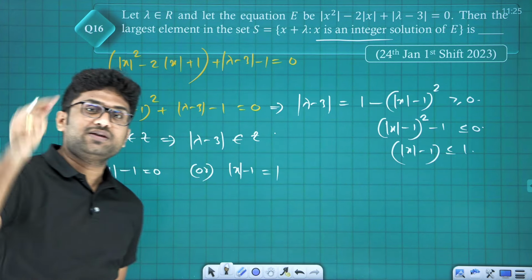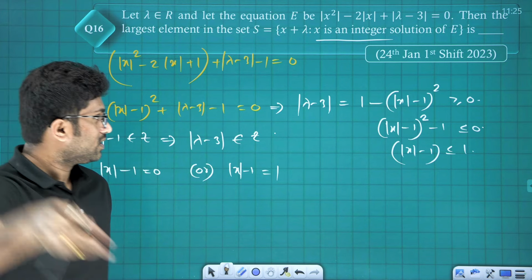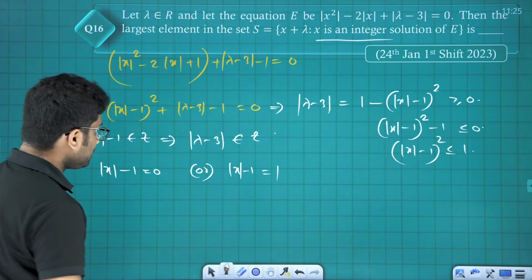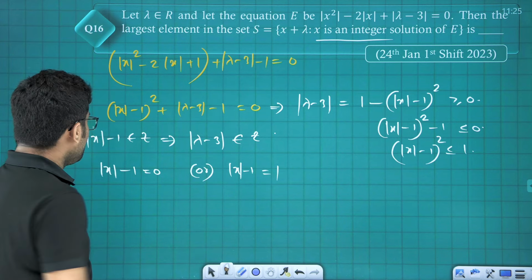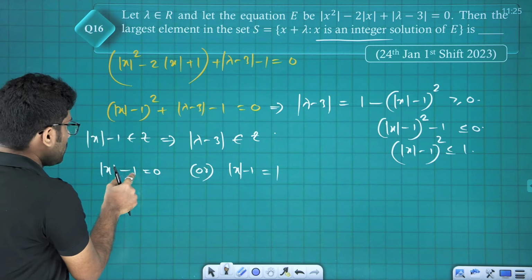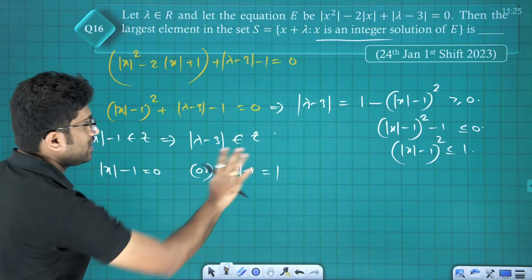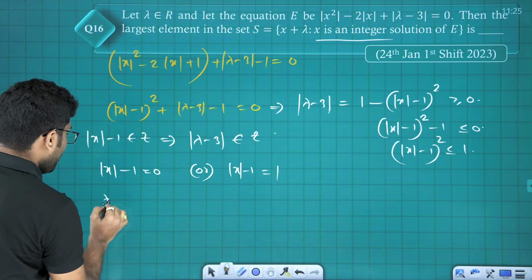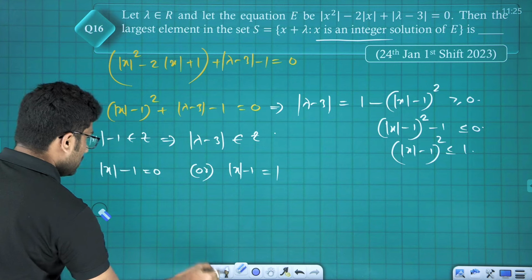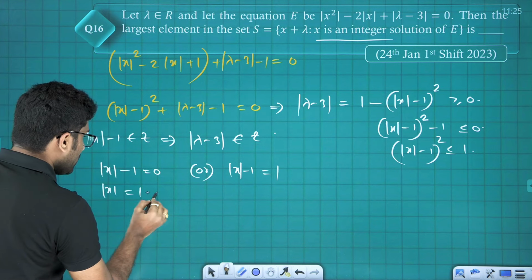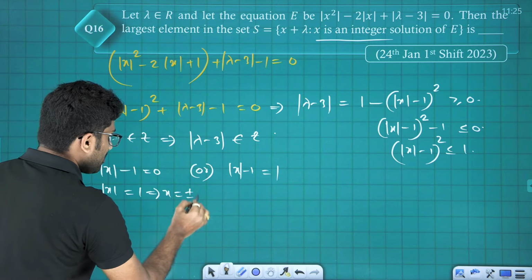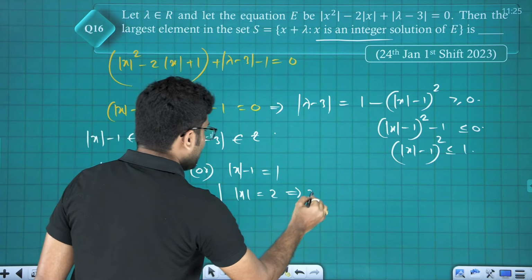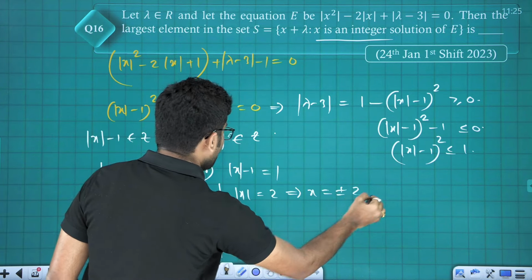That means either it can be 0 or 1. Okay, now see this, friends. So mod x minus 1 is equal to 0 or mod x minus 1 is equal to 1. If mod x minus 1 is 0, then mod x is equal to 1, which implies x is equal to plus or minus 1. From the other case, mod x is equal to 2, which implies x is equal to plus or minus 2.